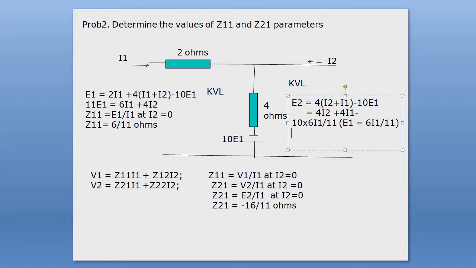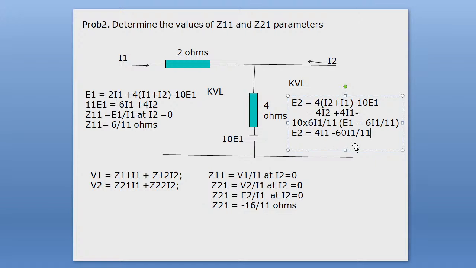We can write E2 equals 4I2, which is 0, plus 4I1, not plus, minus 4I1 minus 60I1 by 11.